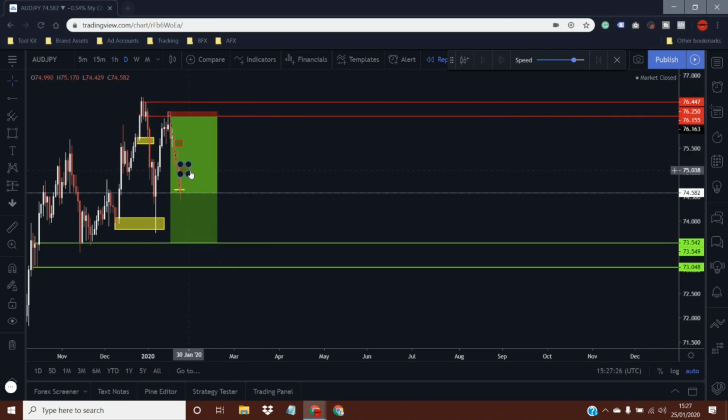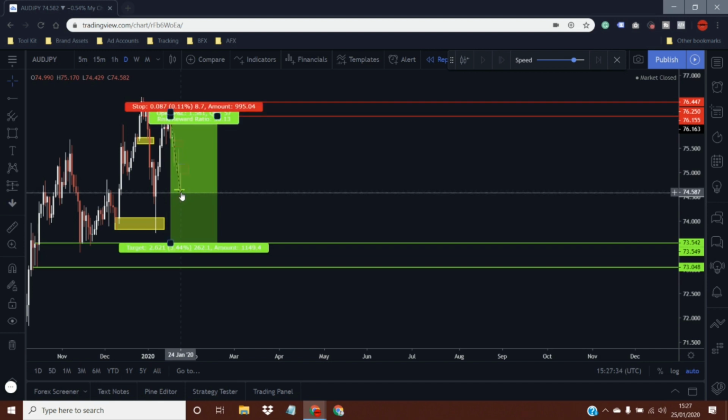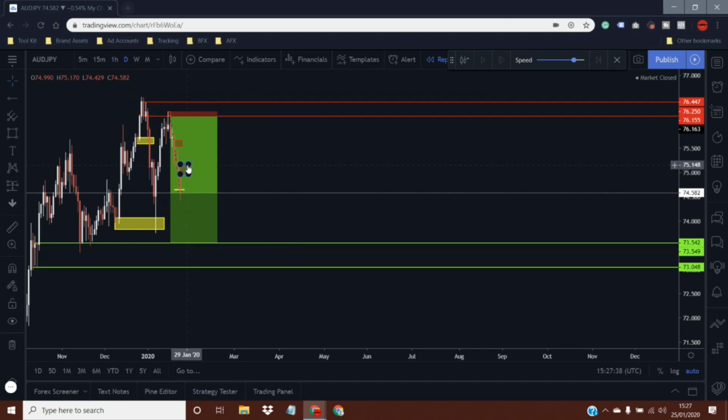I would leave my stops right there. If I was extra cautious right now, when that ended, I would potentially take off 80%, leave my stop there as well, and then just let it run down to this area here. I would take off between 50 and 80% of the trade and just let the market run.